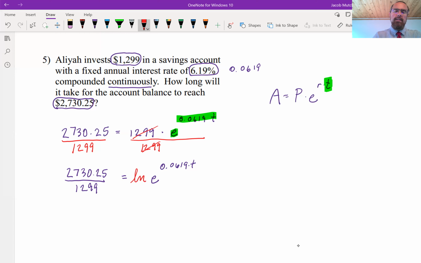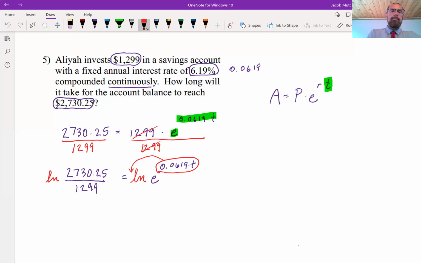That's my log base E. I'm going to apply it to both sides. And what happens is this is going to, by my power property of logarithms, take this rate times time, which is currently an exponent, and bring it out in front of the logarithm as a coefficient.